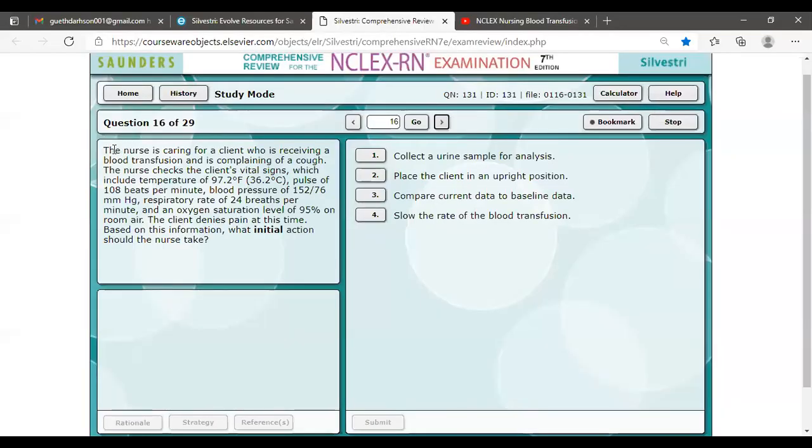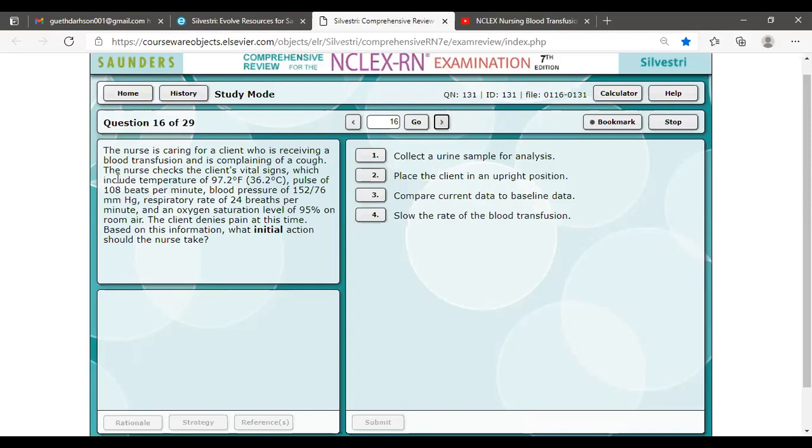Question here: the nurse is caring for a client who is receiving a blood transfusion and is also complaining of cough. The nurse checks the client's vital signs, which include temperature 97.2 or 36.2 Celsius, pulse 108 beats per minute.